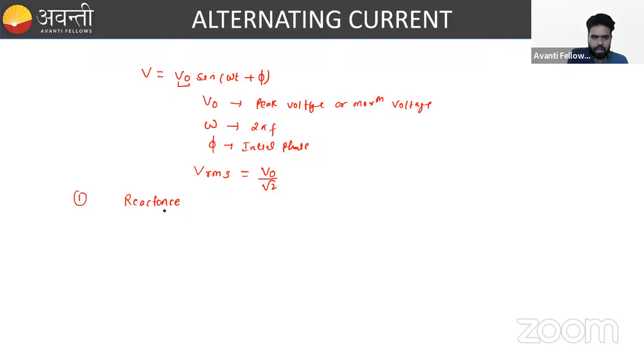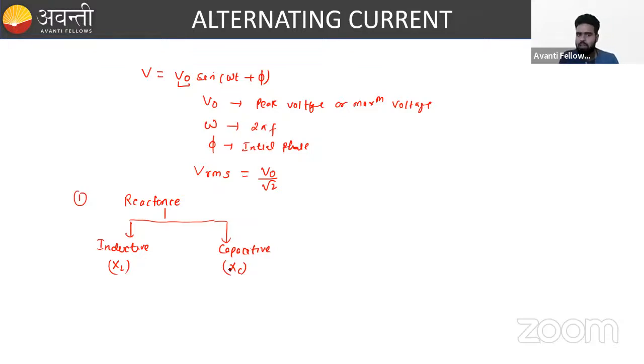There are two types of reactance: inductive reactance, represented by XL, and capacitive reactance, represented by XC.